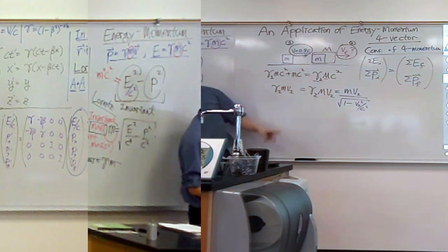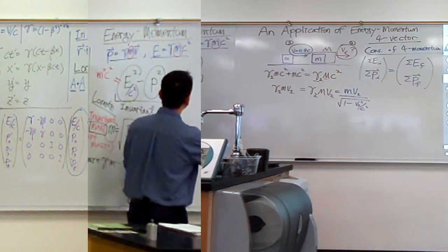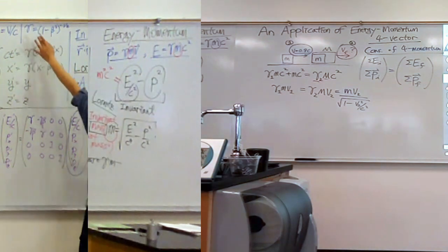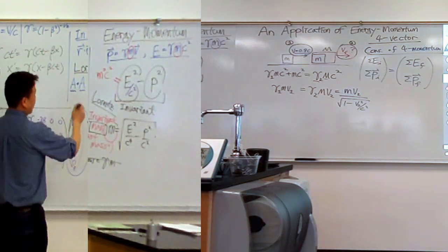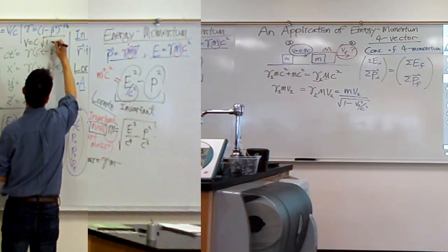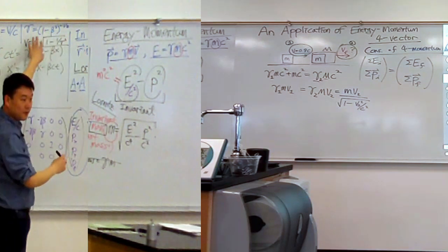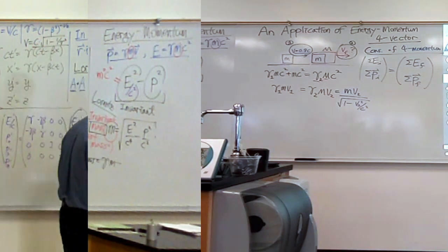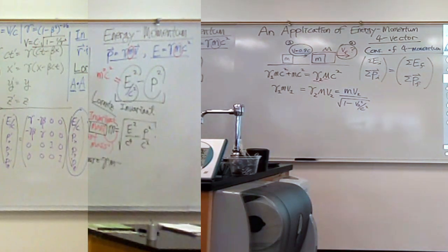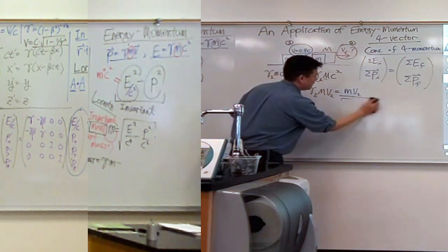So this is where it's helpful to have this memorized. From this definition of gamma, I happen to have this memorized: V is equal to C times the square root of 1 minus 1 over gamma squared. You've seen me write this down a few times. That's why I have it memorized after a week or so of doing special relativity, because it's useful enough.